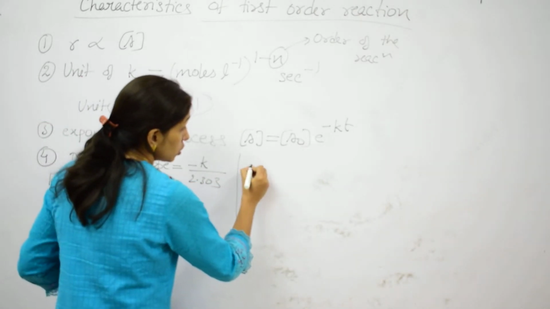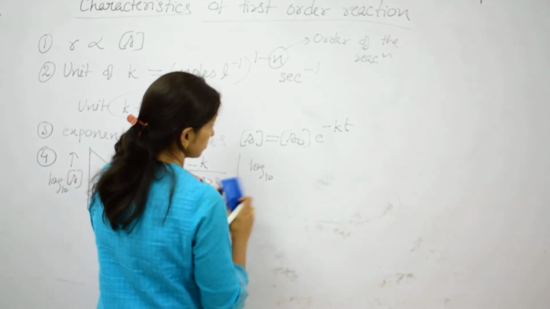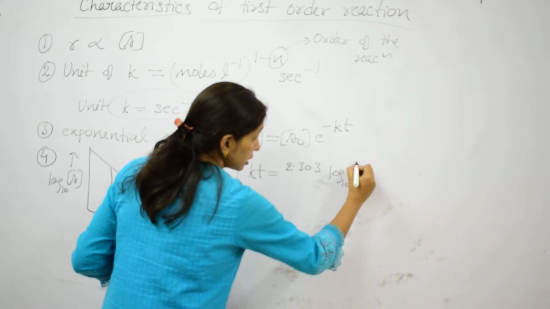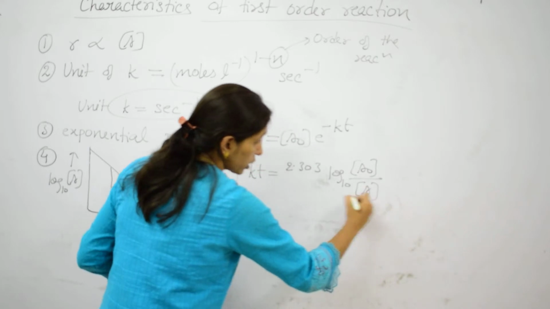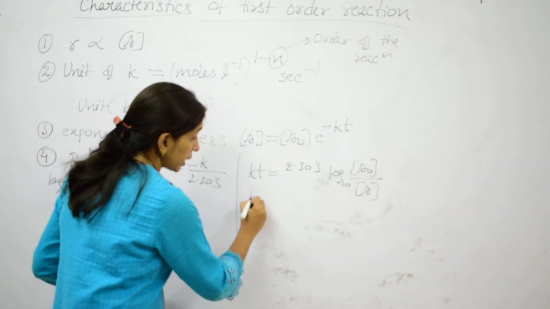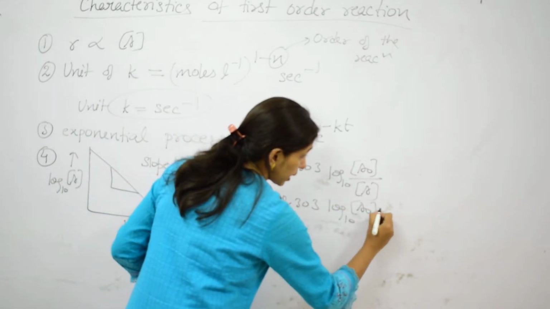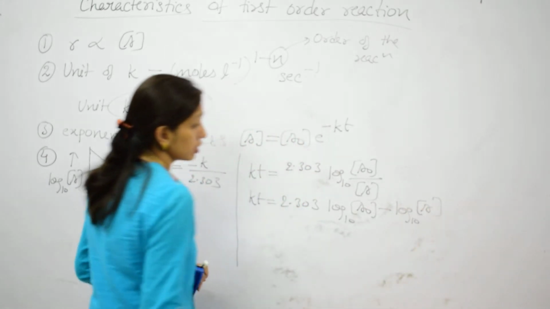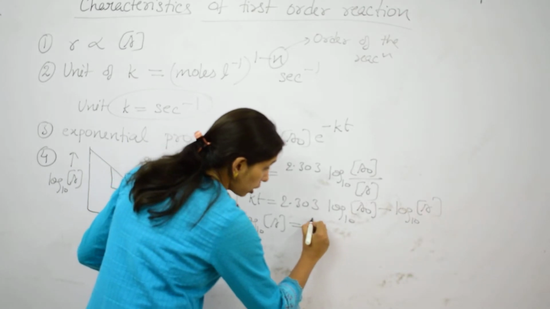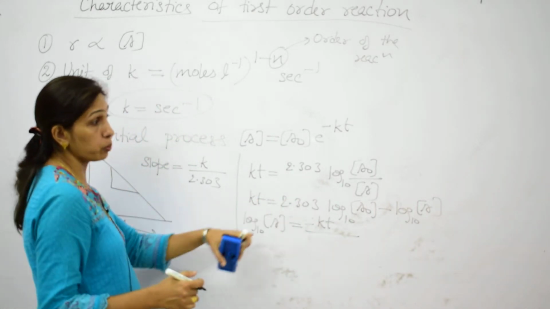Already we have seen that kt is equal to 2.303 log base 10 A naught by A. Now, if we divide the whole equation by 2.303, we can write down kt upon 2.303 is equal to log base 10 A naught minus log base 10 A. Taking log base 10 A this side, it becomes log base 10 A is equal to log base 10 A naught minus kt upon 2.303.